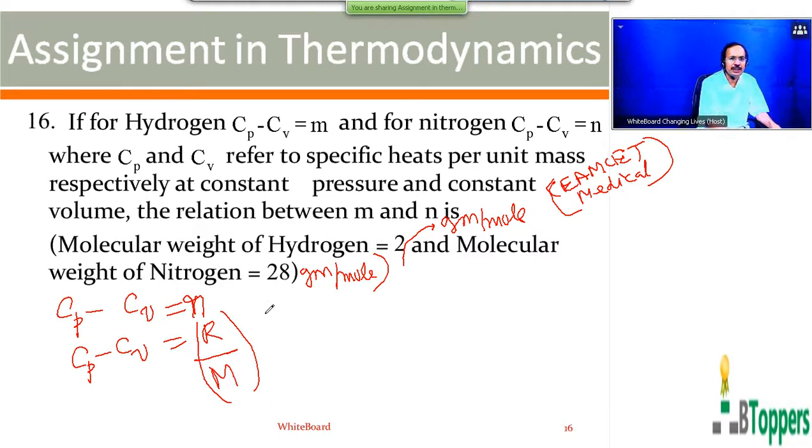So in the case of the first gas, that is hydrogen gas, the specific gas constant is denoted by small m. That means small r equal to small m, that is equal to R divided by molecular weight. For hydrogen it is 2 grams per mole.